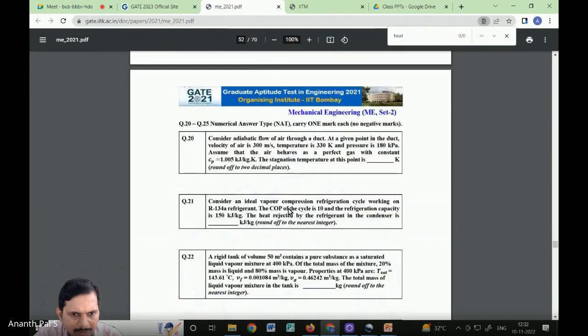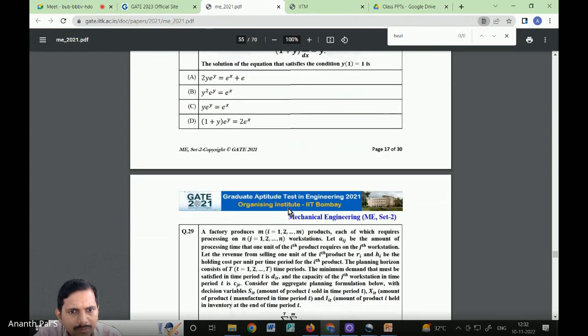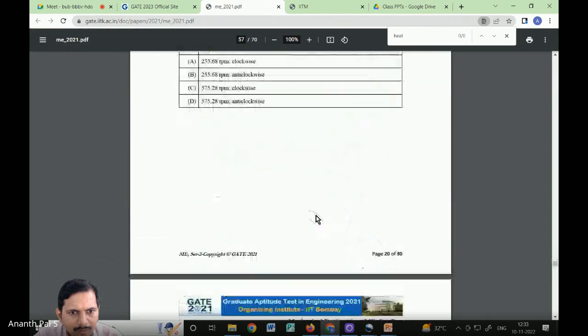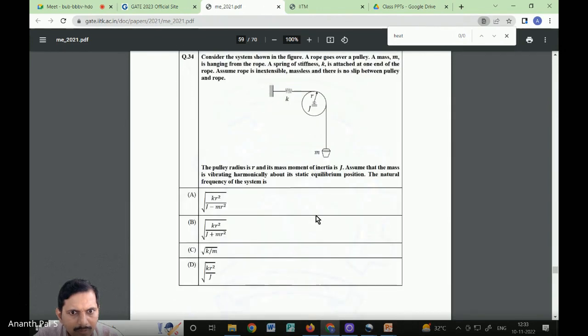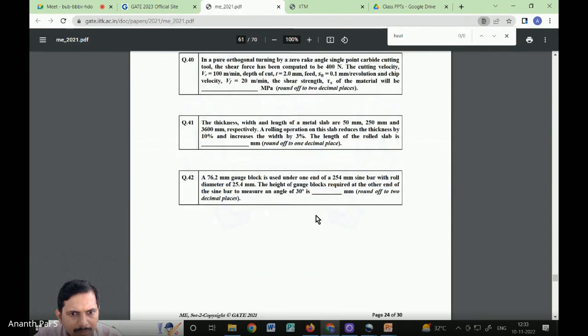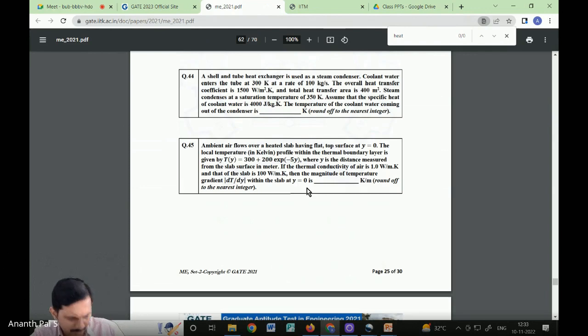It's 2 marks. Ambient pressure, no, not this. Ambient air, yes. This is a good question, students. Can you solve this?